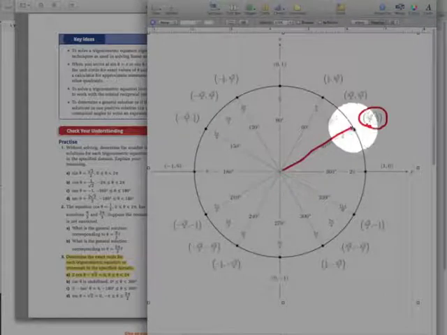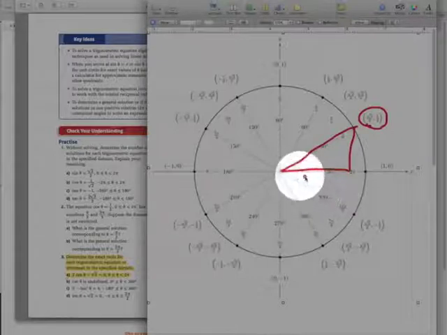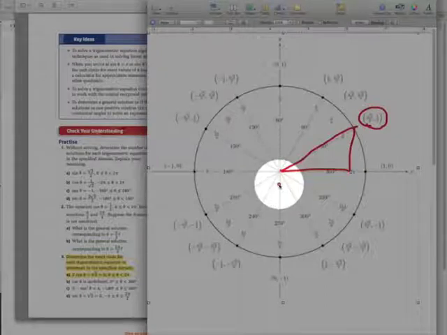So we're dealing with this triangle right here. I'm a little bit off, sorry, but this is the triangle that we're trying to solve for. And keep in mind, again, that's because we're dealing with a positive x.